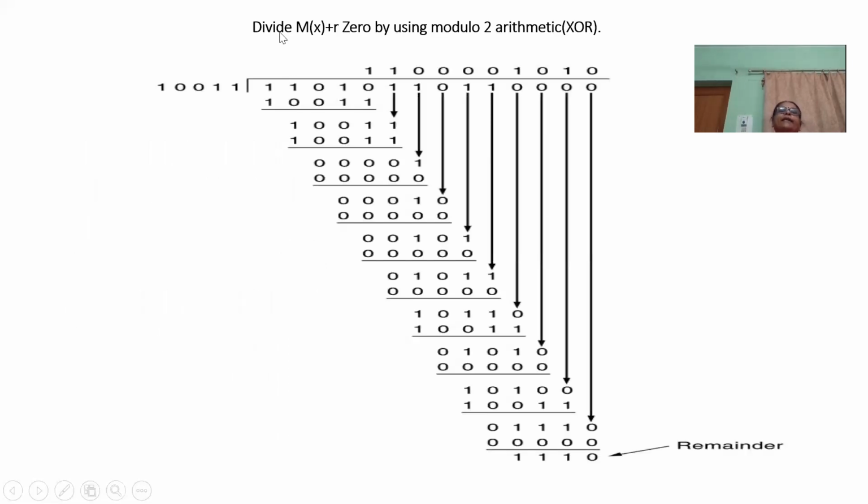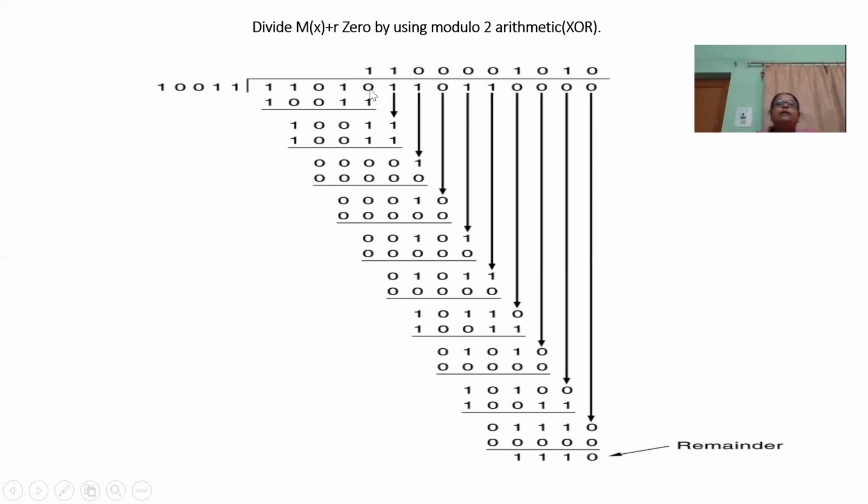Second step, divide M(x) plus r 0 bits by using modulo 2 arithmetic. This is the generator. If the first bit is 1, okay, the quotient is 1. 10011.